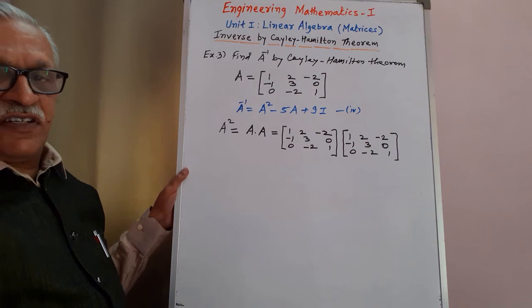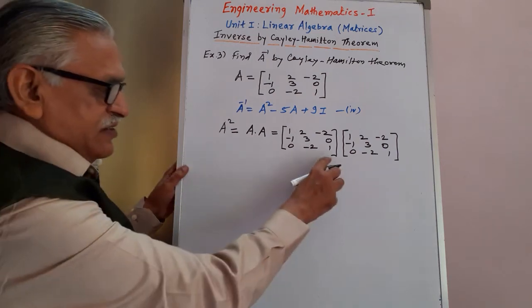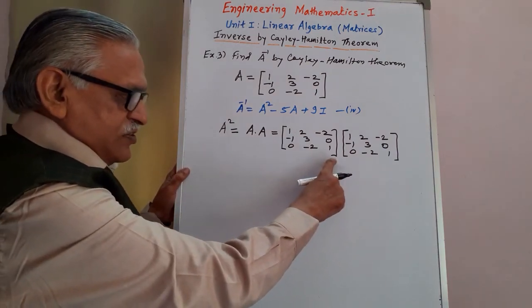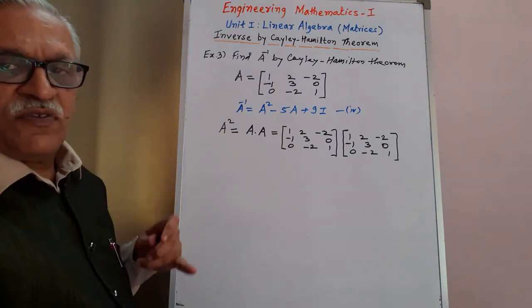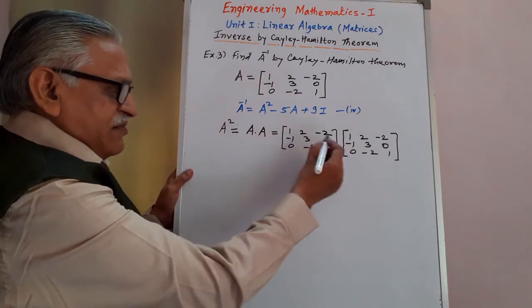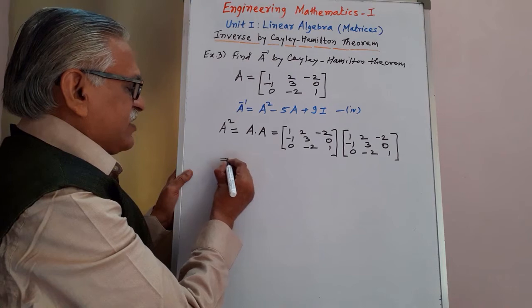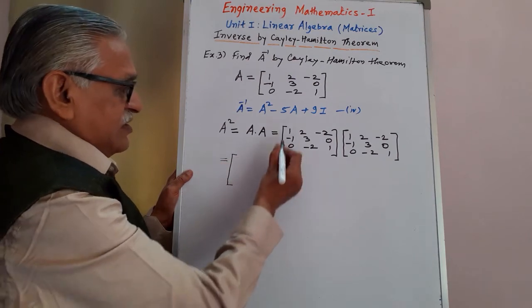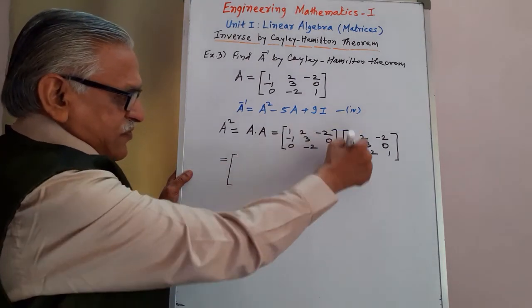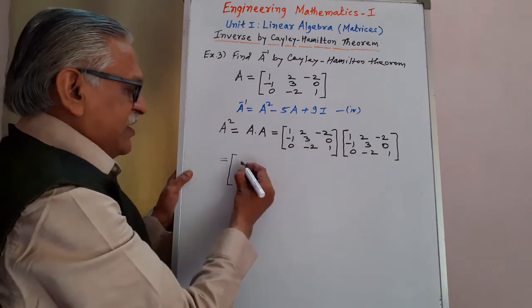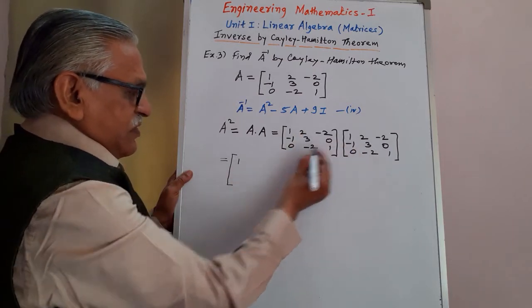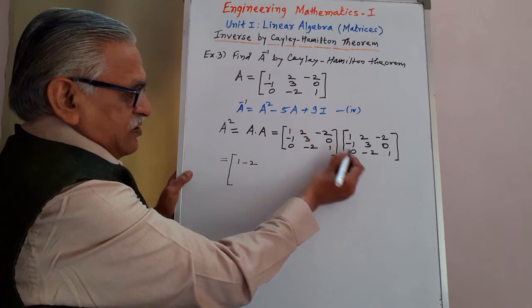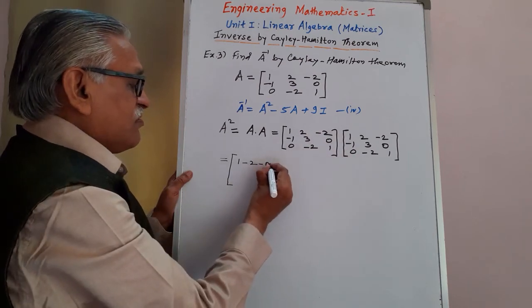Here matrix multiplication is possible, as the number of columns of the first is equal to the number of rows of the second. And then performing that matrix multiplication, multiplying the first row by the first column, elements are 1, then 2 into minus 1, minus 2, minus 2 into 0.